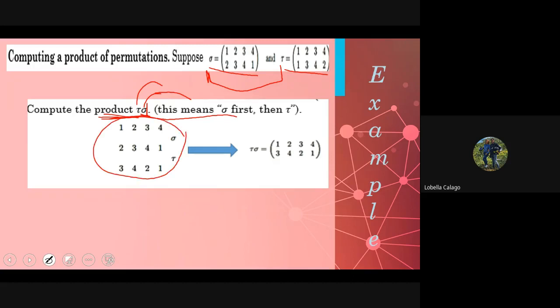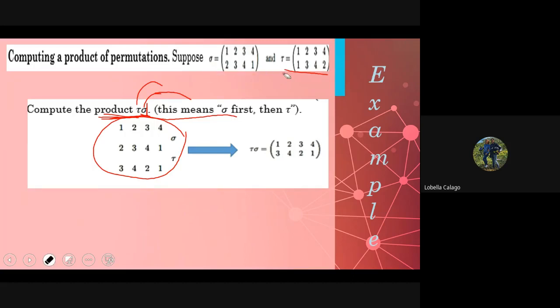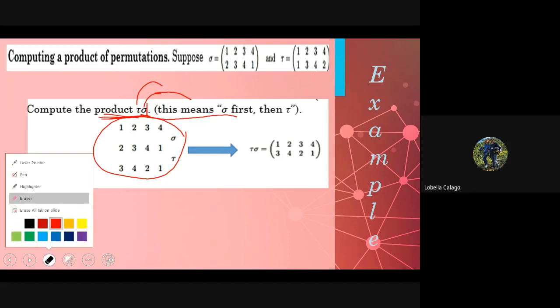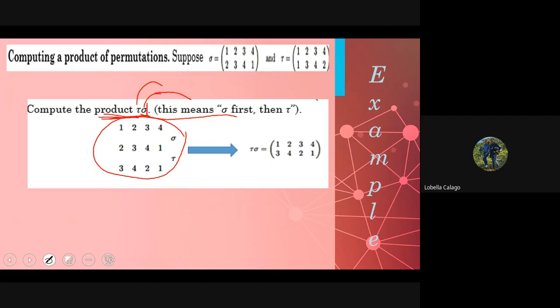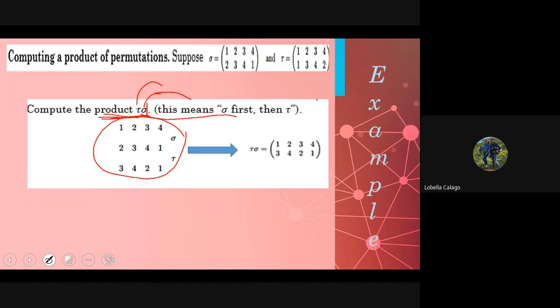So, ano nangyari dito? Ganito po yan. Ang gagawin natin sa permutation. Wait lang ha, erase ko muna. Ayan. Okay, paano yan? So, unahin natin si omega. Si omega, sinabi niya 1 is to 2.